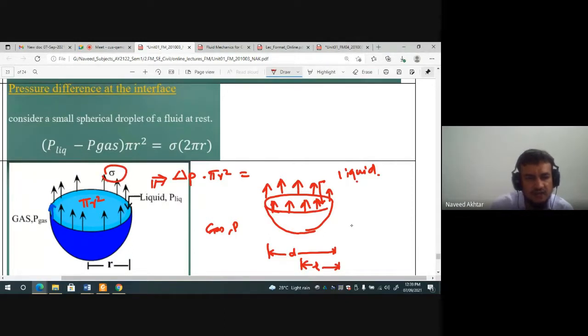Where is sigma acting? At the periphery, at the boundary; it is the boundary of the droplet where it is acting. You know that the perimeter of the circle is 2 pi r.